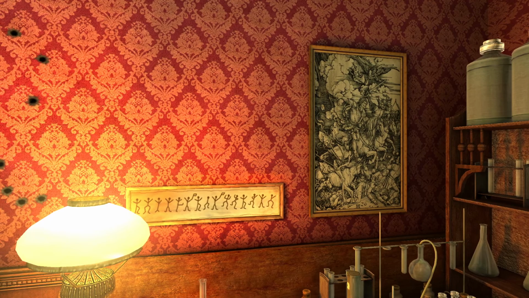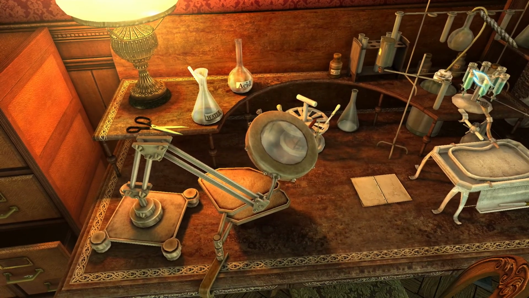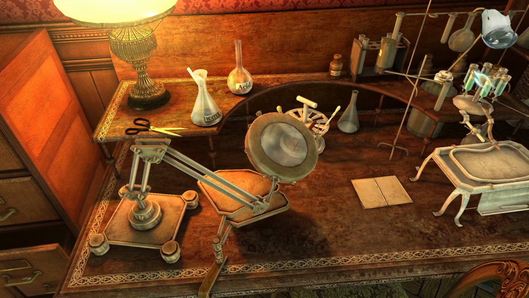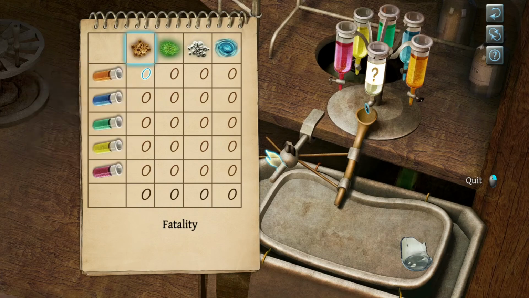Interesting. Oh, can we do something with the vial? We have this weird vial. Okay, we can. To analyze the evidence, add liquid from the test tube. Use. Okay, thank you. We have different colors.